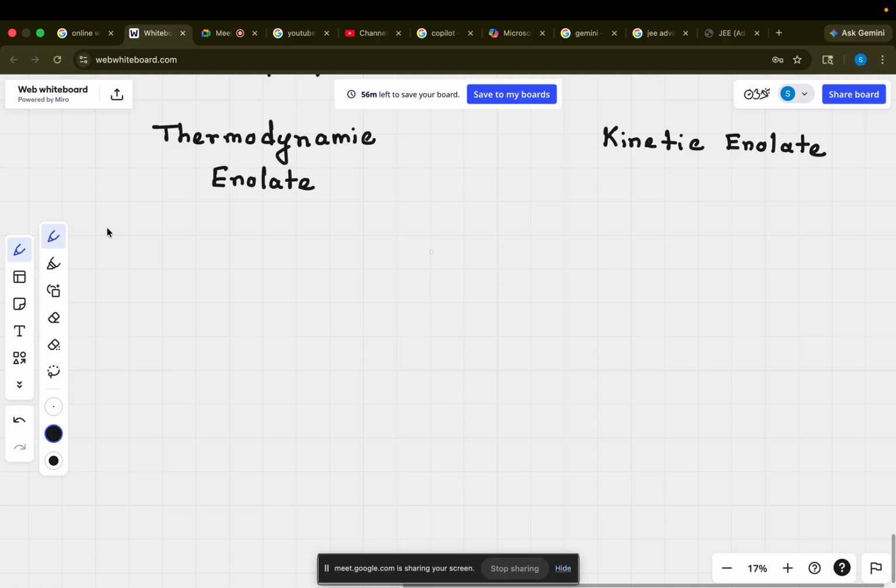It depends basically on the nature of the base. So first of all, just see which kind of base we are using here. In thermodynamic enolate we are using a weak base, or I can say an inorganic base. These are the two kinds of base we have, weak base or inorganic base.